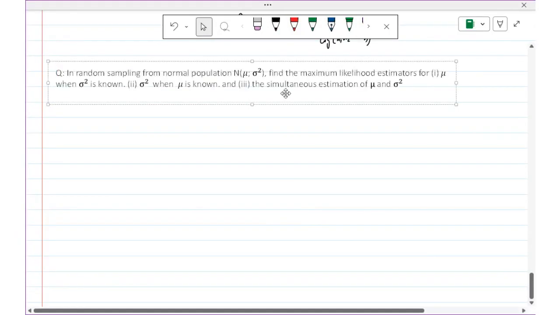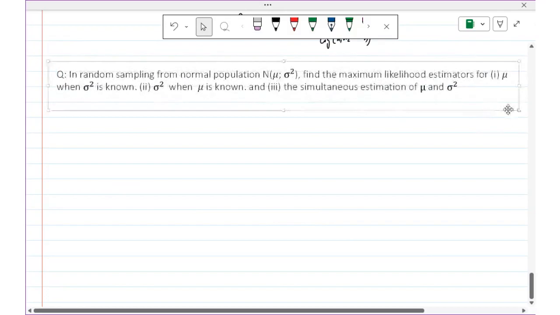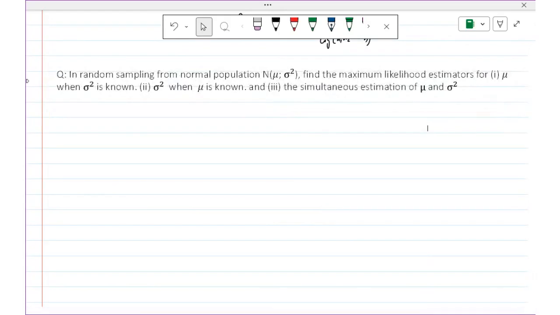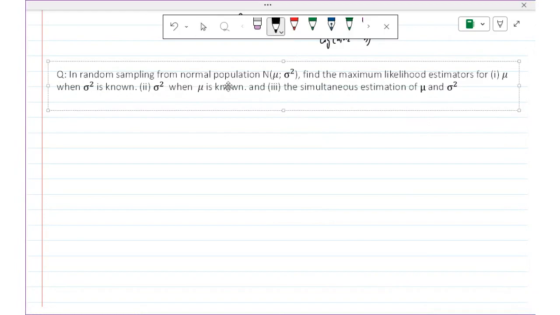In random sampling from a normal population N(mu, sigma square), find the maximum likelihood estimator for mu when sigma square is known, then for sigma square when mu is known, and then the simultaneous estimation of mu and sigma square. So first let us do these first two parts. The normal population is given here.